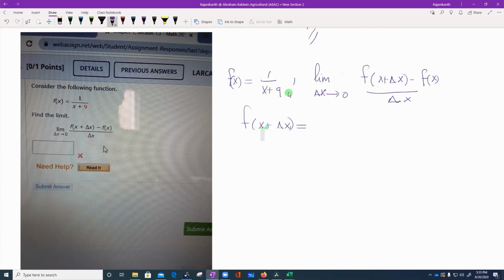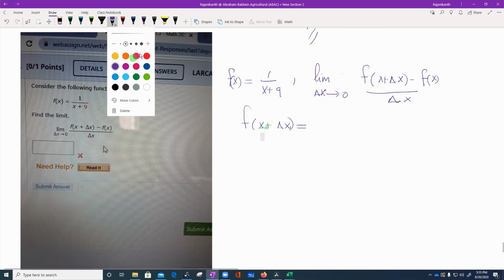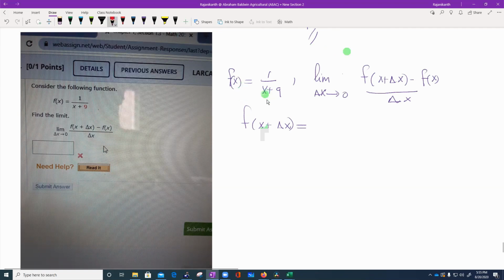So to get this guy, I'm writing here, simply replace x by x plus delta x in the equation. So let me call that as 1. Do you still keep the 9? Yes. Simply replace x by x plus delta x into your f(x) function.